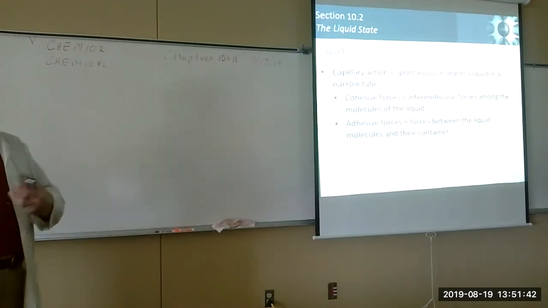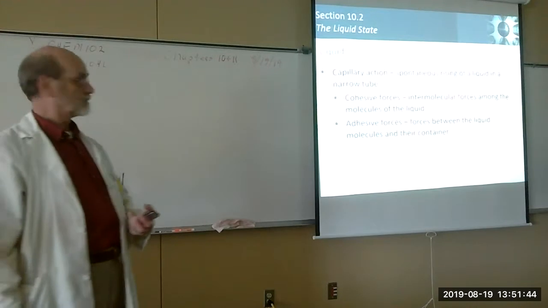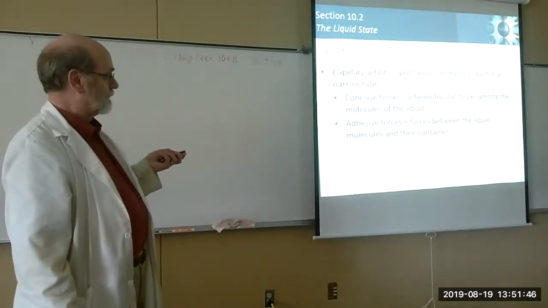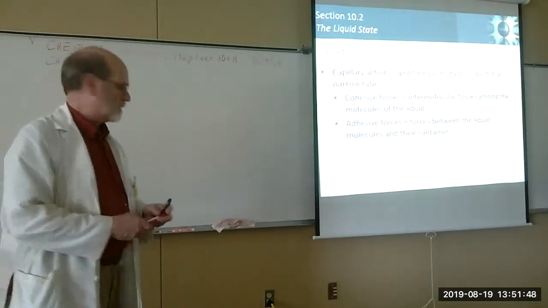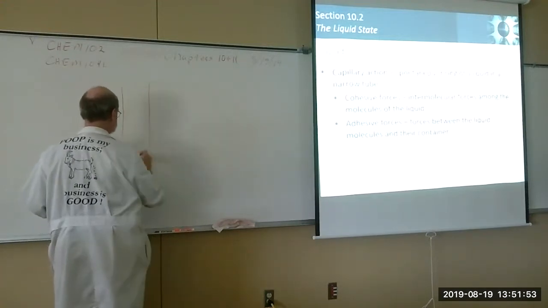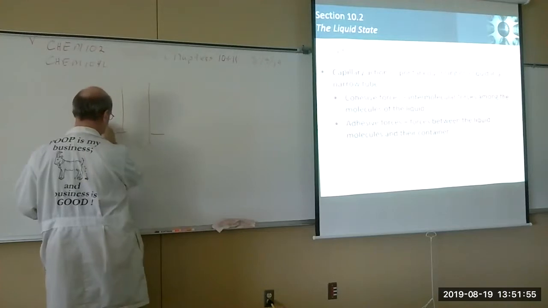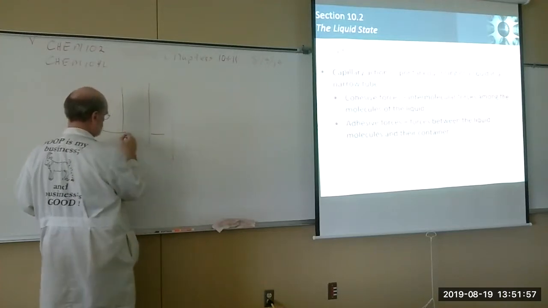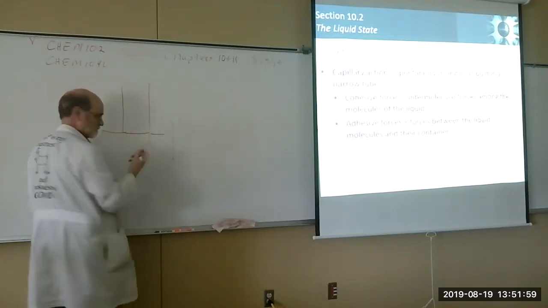Another evidence for that surface tension is capillary motion. If you have a tube that's this wide and you dip it in a liquid, the liquid's basically going to be right there.